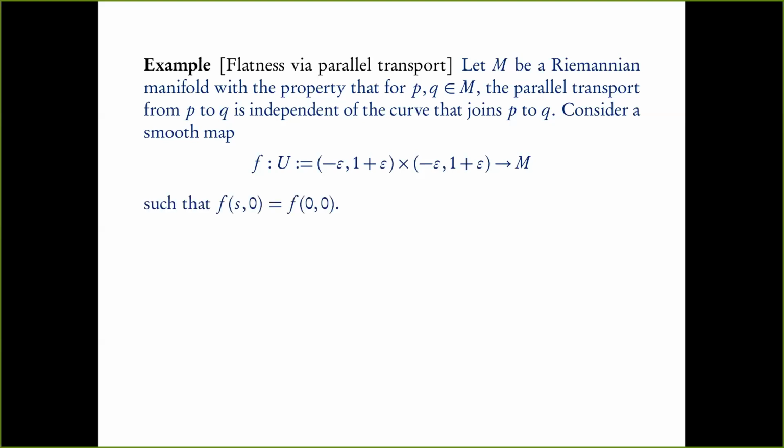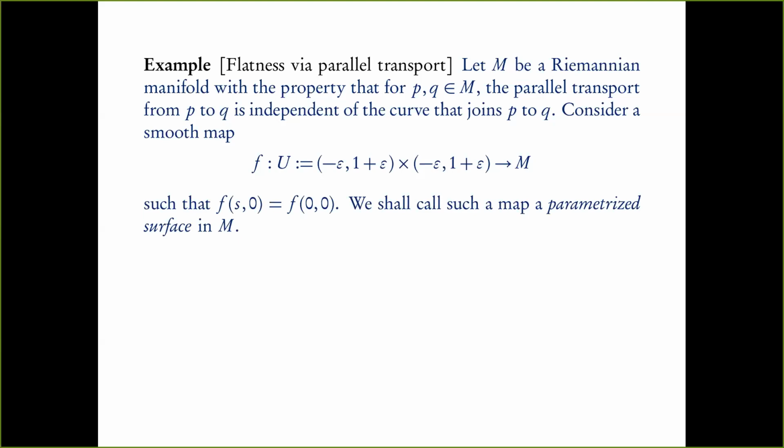So this map has a property that f of s comma 0 is f of 0, 0, right? So if you look at the line y equal to 0 in this box, all of that line is mapped to a constant, namely the image of f of 0, 0. Okay. So we'll call such a map a parametrized surface. This is just a nomenclature. I'm not saying that this is an embedded surface.